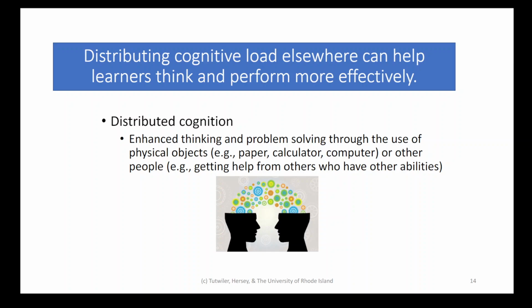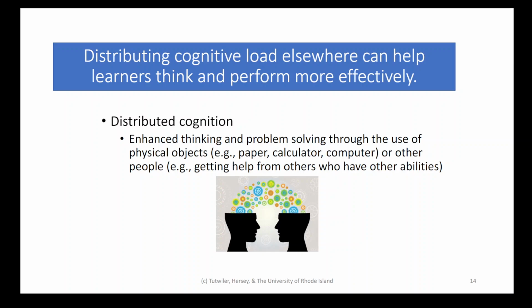Okay, so we sometimes talk about distribution of cognitive load or distributed cognition. That is when you are enhancing your thinking and problem-solving skills by use of some physical object or some other person, right? Every time you use a calculator to figure out a math problem, that's you distributing the cognition.